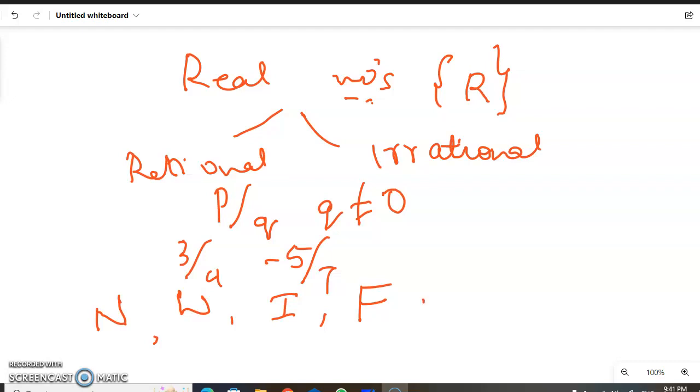So fractional numbers are numbers which can be expressed in the form of p by q, and in fractional numbers the p here is only positive. It cannot be negative as in this case. That is why rational numbers is a bigger set which contains even fractional numbers. That is, even the positive as well as negative p is included in our set of rational numbers.